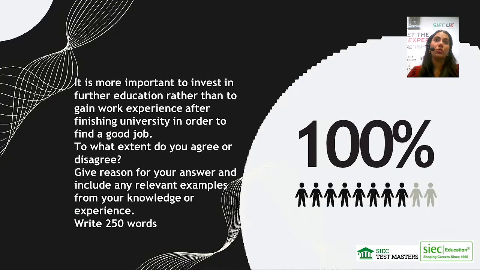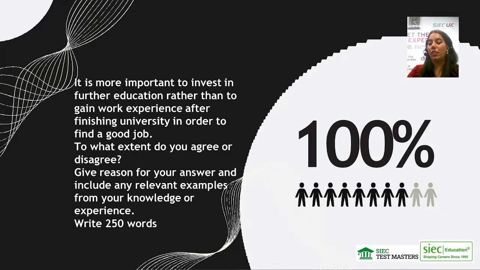You want to give some conditions to it. It's perfectly fine unless and until you have proper reasons for it. Now you need to give your reasons for the answer, right? Now, why, or how, to what extent, or what makes you agree with it, or what makes you disagree with it. And then we can give relevant examples for it, right?